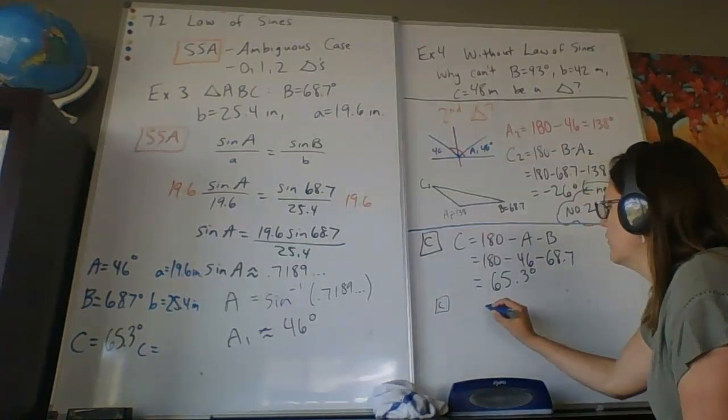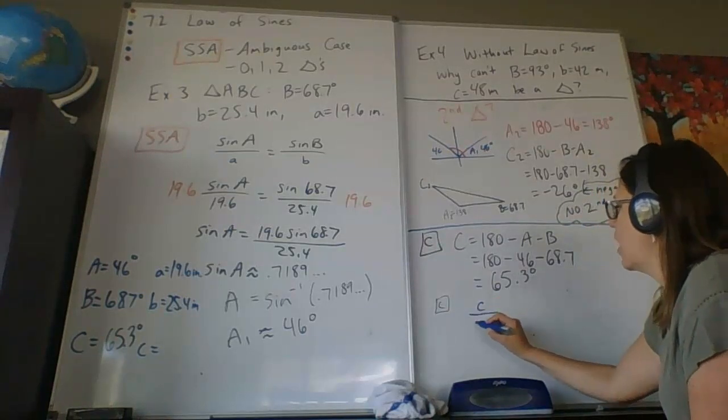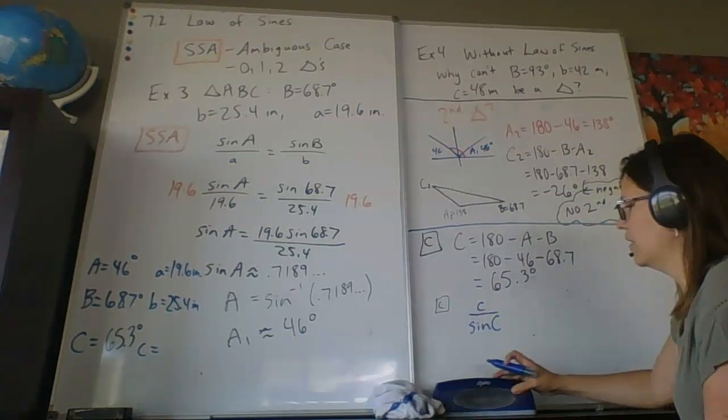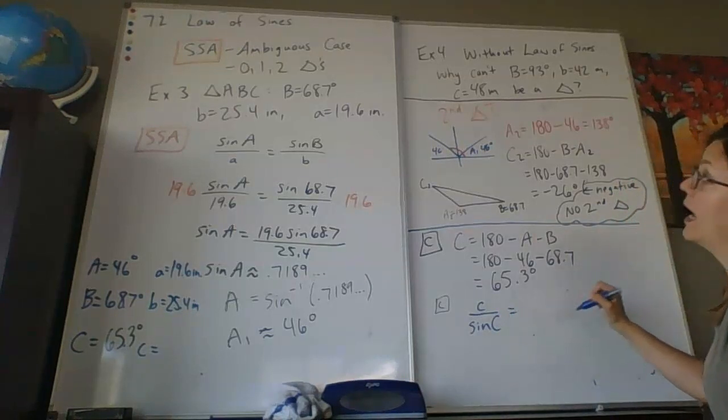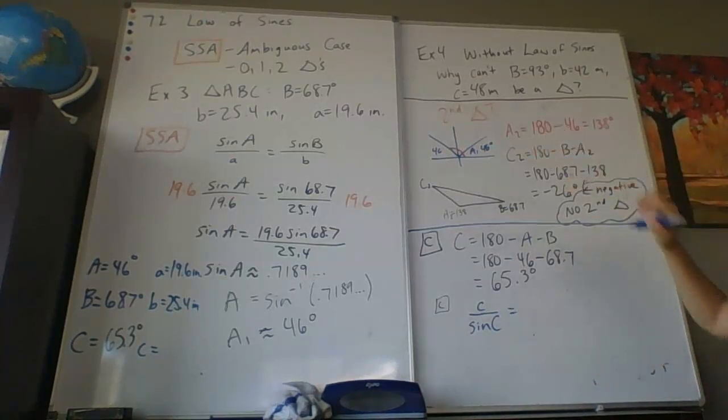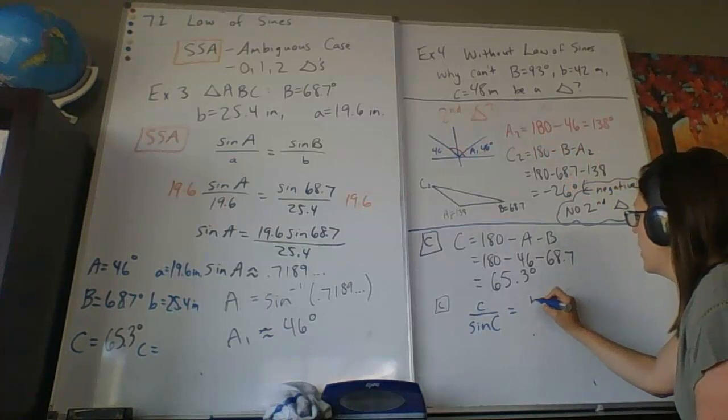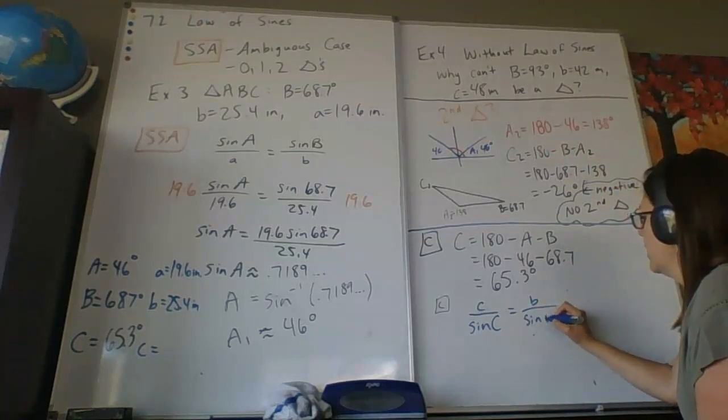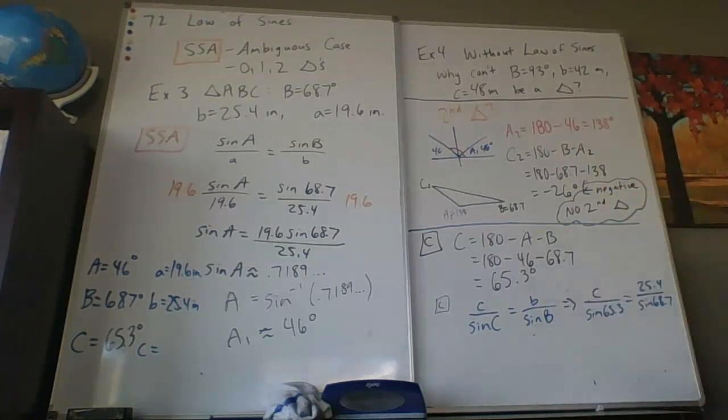Since I'm looking for little c, I will put little c up top, so I'll need sine of angle C on the bottom. And since I was given both B and angle B, I'll keep B over sine B on the right. Plugging the numbers in, we get C over sine of 65.3 equals 25.4 over sine of 68.7.